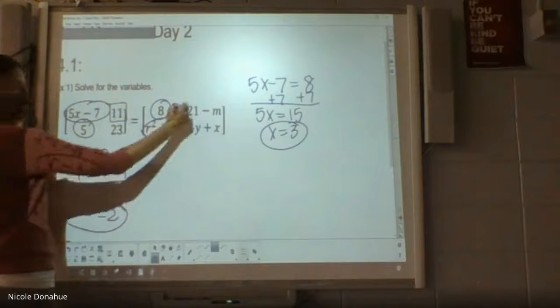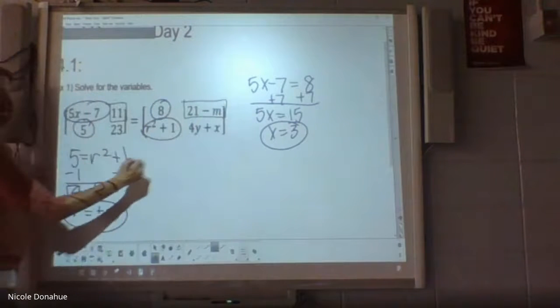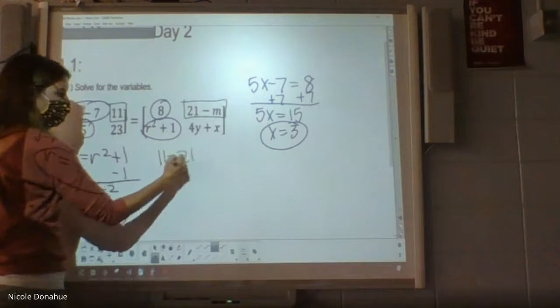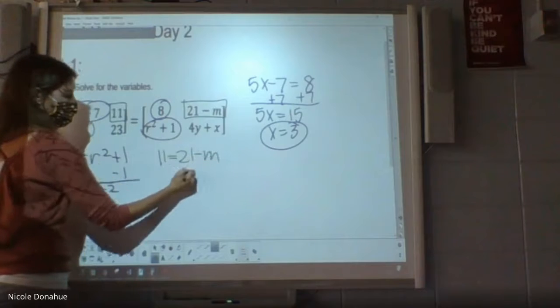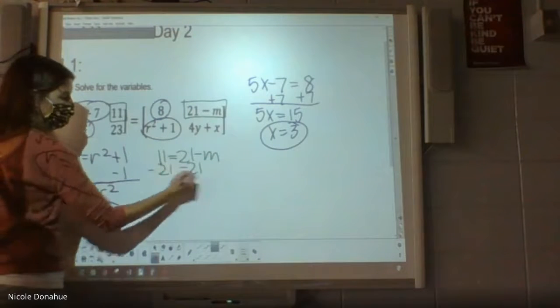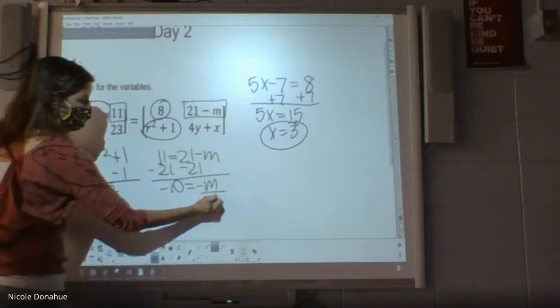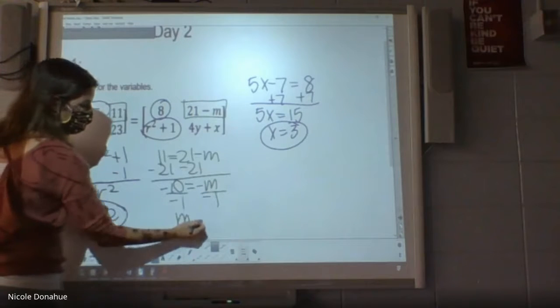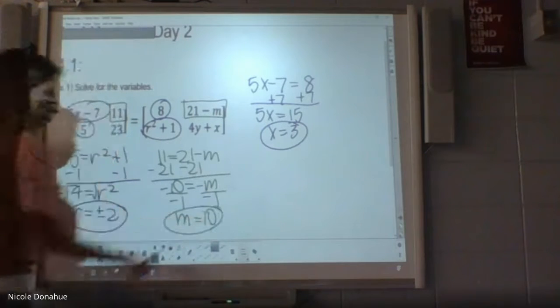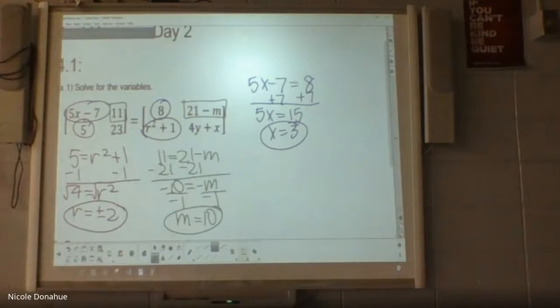11 here needs to equal 21 minus m. M ends up being 10. And then finally, that 4y plus x equals 23.